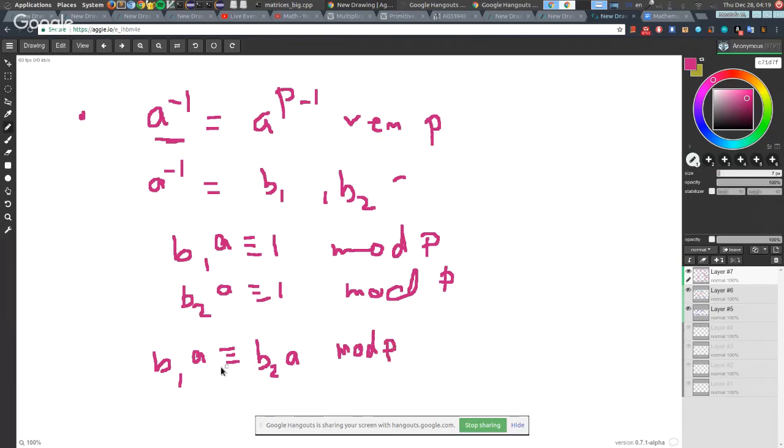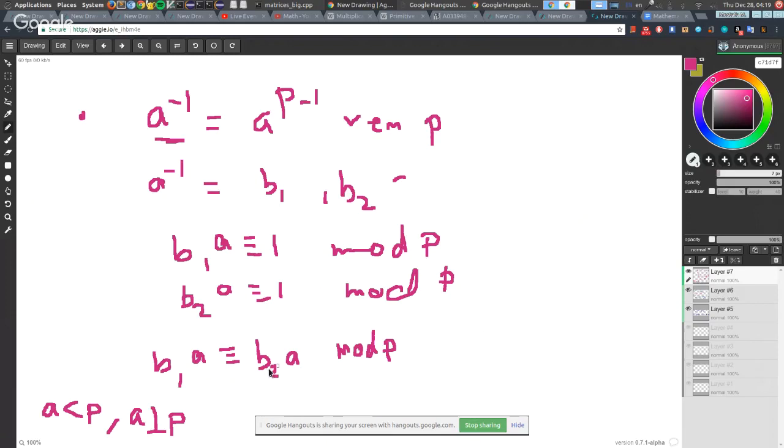Since p is a prime number, unless a is a multiple of p, they are co-prime. And since a is smaller than p, a is not a multiple of p. So basically we have a co-prime to p.